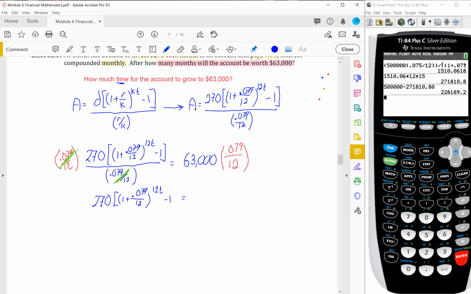And maybe to help us, I'm going to go ahead and multiply this right-hand side out. 63,000 times the 0.079 divided by 12. And I get 414.75.